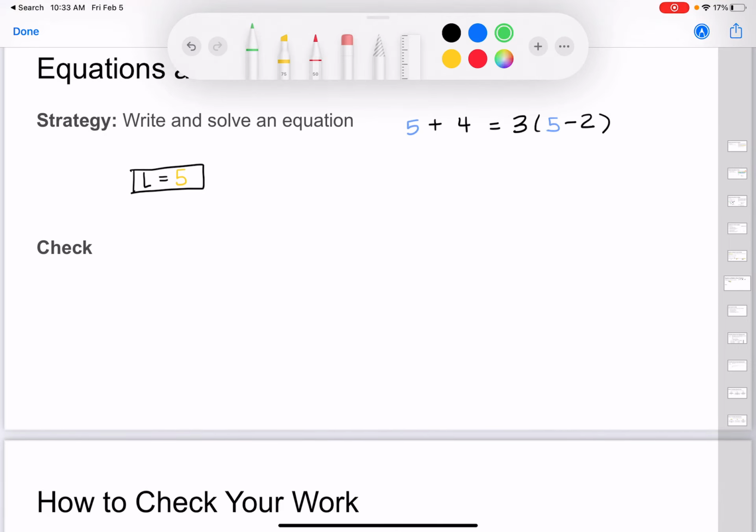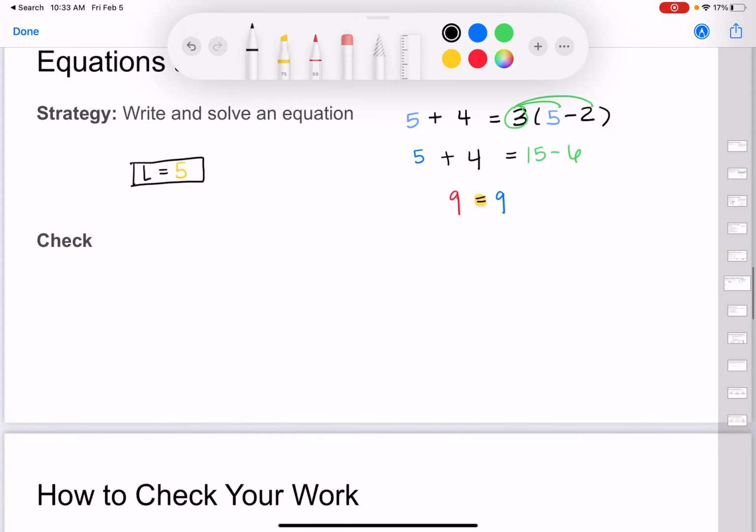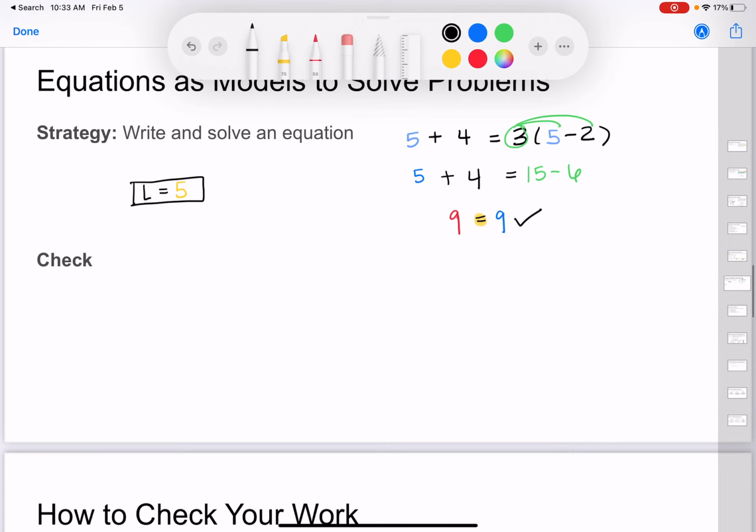Again, do the same algebraic process. So 15 minus 6 is equal to 5 plus 4. 5 plus 4 is 9, which is equal to 15 minus 6, which is 9, and 9 is equivalent to 9. So we did in fact get the right variable.